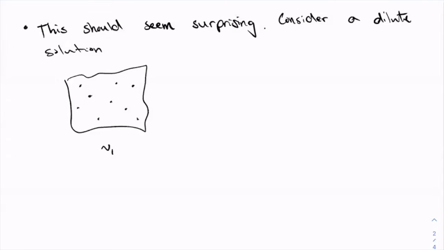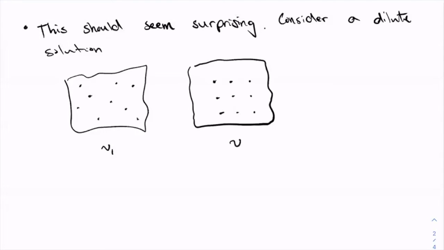There's 1, 2, 3, 4, 5, 6, 7, 8, 9 of them. That's one microstate. Another microstate of 9 dye molecules might be microstate number 2.